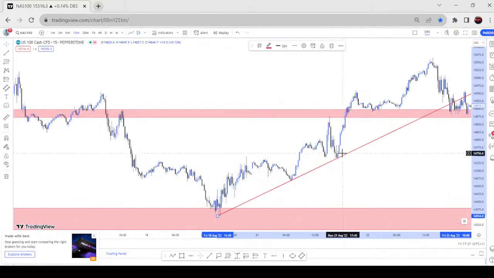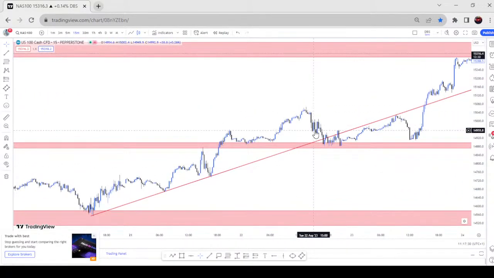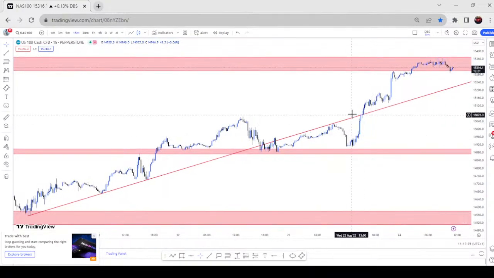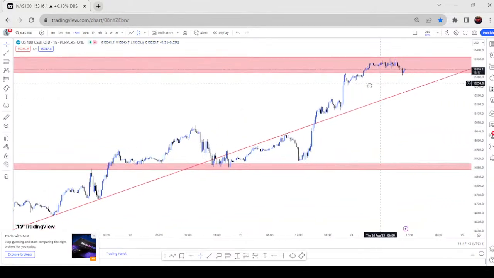First touch, second touch, third touch. It broke below, consolidated, retested the trend line as if it wants to start trending now. It came back to this support and pushed back up. It broke back through the trend line, tested it, and now it's going up in profit.